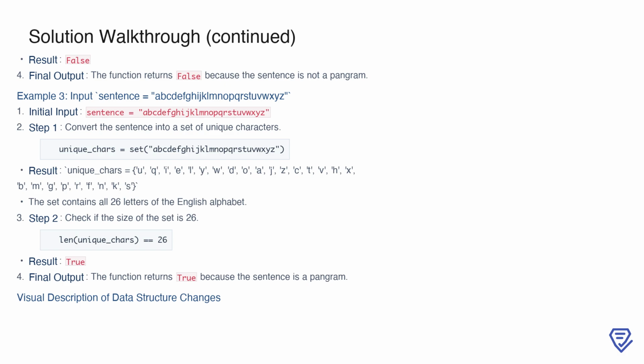The result is unique_chars equals U, Q, I, E, L, Y, W, D, O, A, J, Z, C, T, V, H, X, B, M, G, P, R, F, N, K, S. As you can see, this set contains all 26 letters of the English alphabet. When we check the size of the set using len, unique_chars equals 26, the condition evaluates to true, and the function returns true. This confirms that the sentence is indeed a pangram.